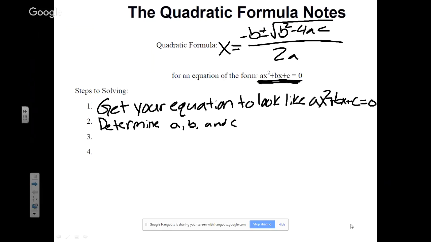Now the third step is plug in a, b, and c. So what that means is taking the a, b, and c from this and plugging it back into the quadratic formula. And then the last step is just simplify.